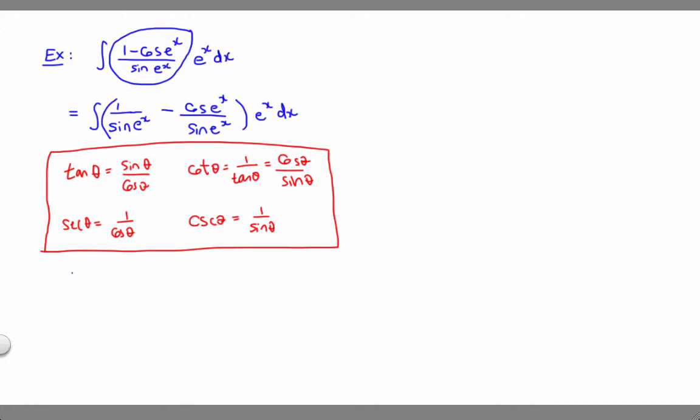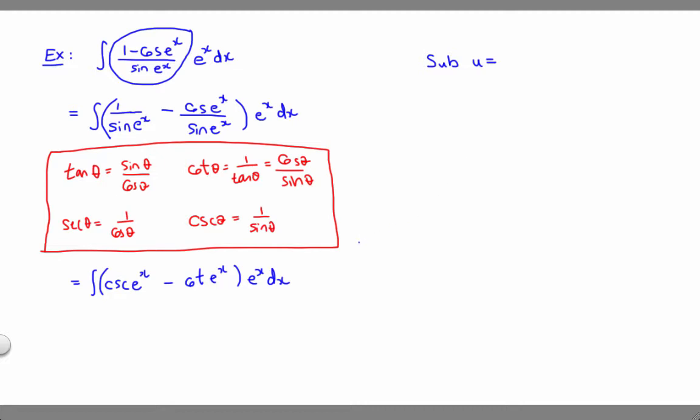So let's see if these identities can help us rewrite our integral. So first thing we run into is 1 over sine of an angle. So let's call that cosecant of e to the x. And then we're subtracting off cotangent of e to the x. So all that stuff is in brackets, and that gets multiplied by e to the x dx. Great, so now we're definitely on the right track, and it's time now to make a substitution.